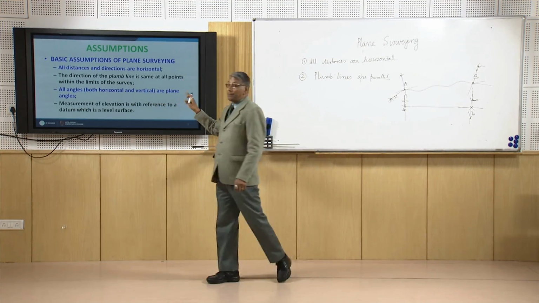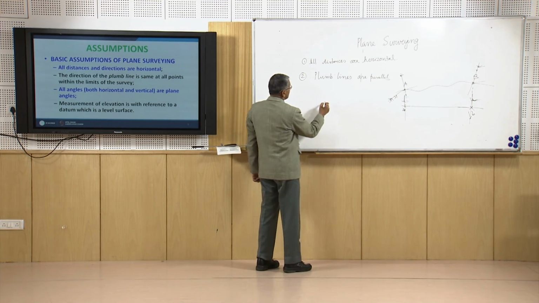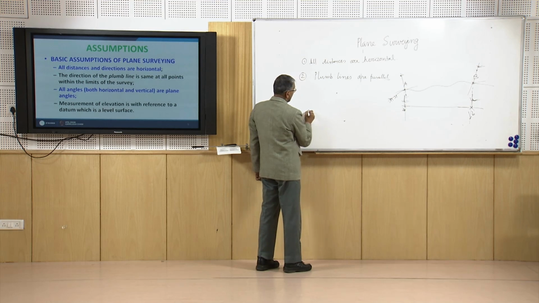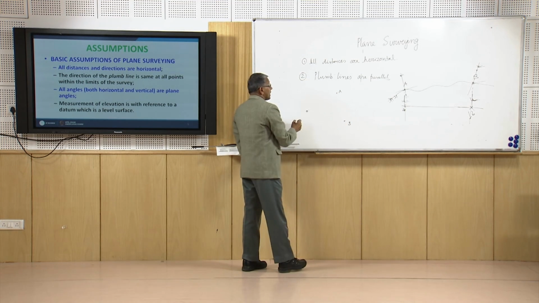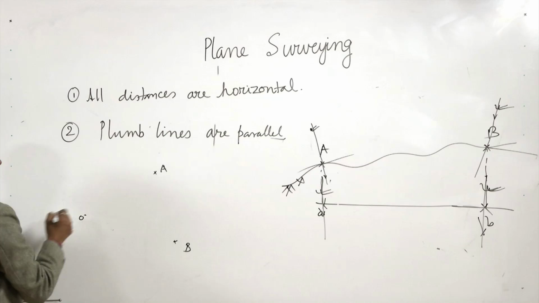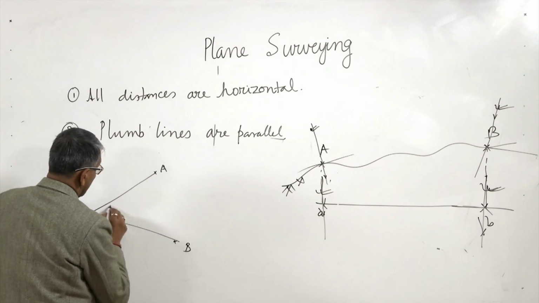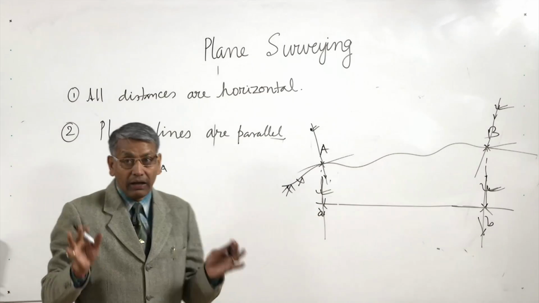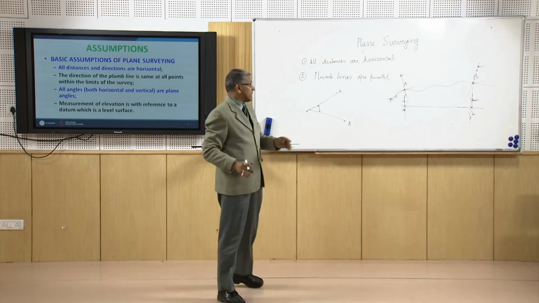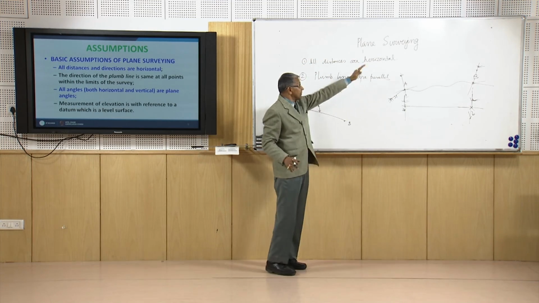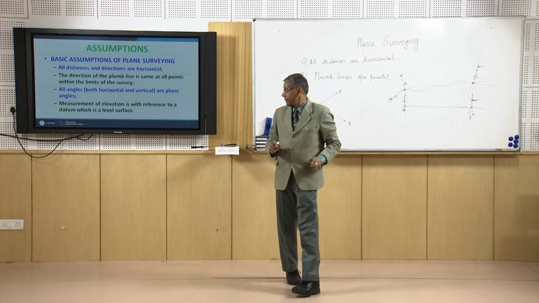All angles are plane angles. If I measure the horizontal angle between two stations A and B from any location O, then as you know, on the surface of the earth it cannot be plane, but in plane surveying we assume this angle is a plane angle.